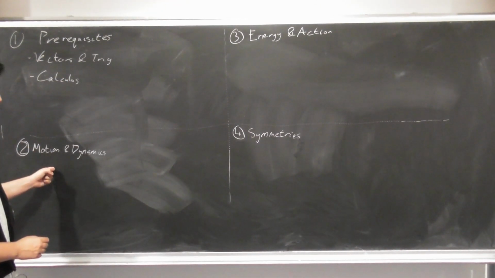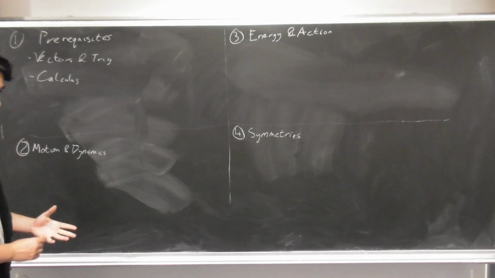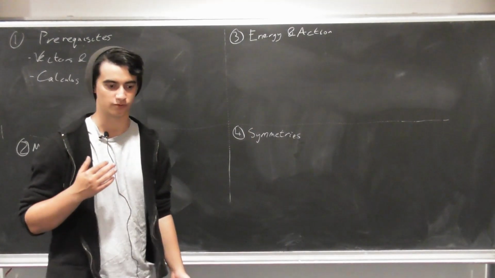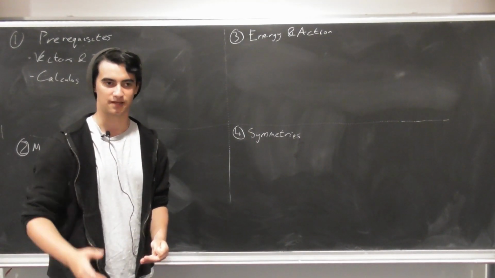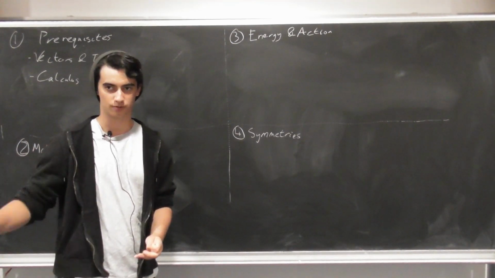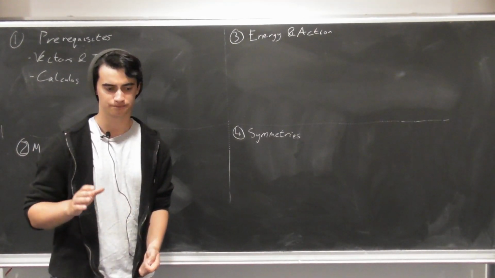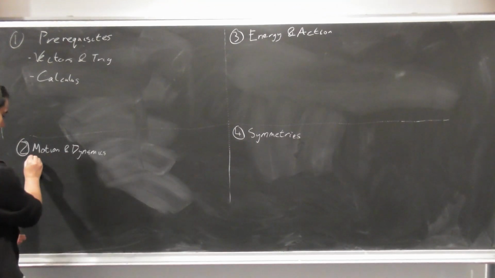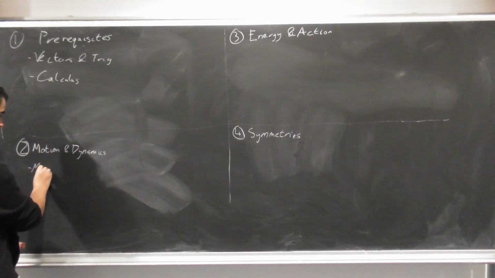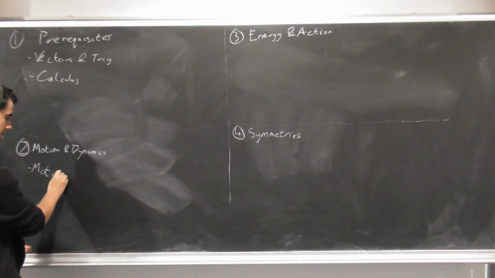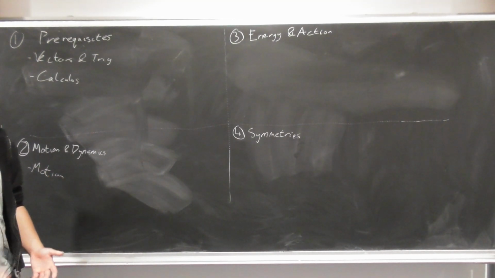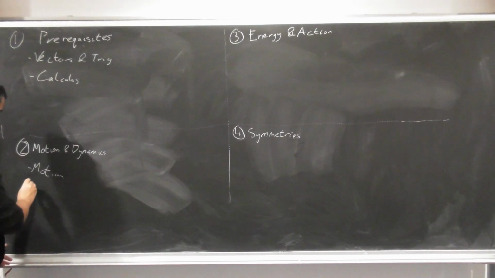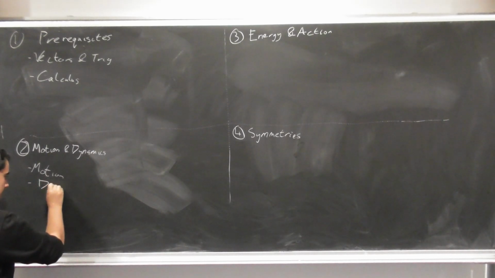Moving on to the second part of the course is motion and dynamics. Here we'll cover the really basic mechanics that we would have done in the old applied maths course. I'm not sure about the new one now. But say motion of particles, projectile motion, that type of stuff, how a particle will move. Normal dynamics.